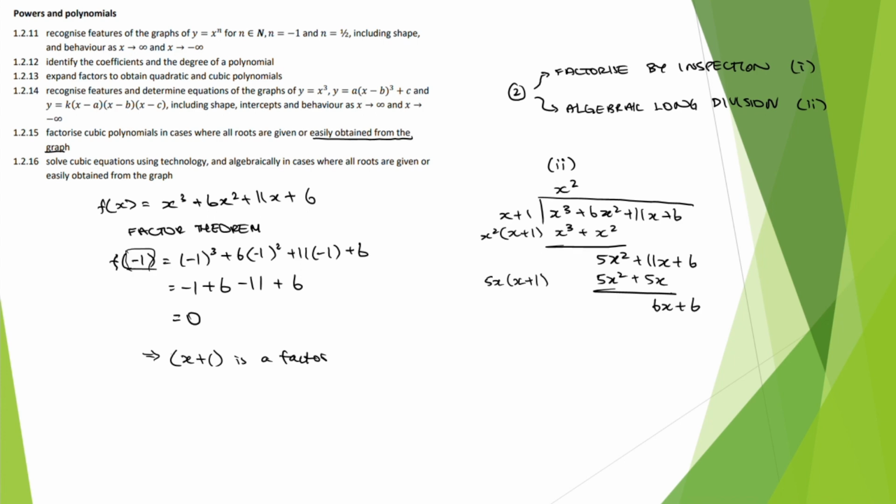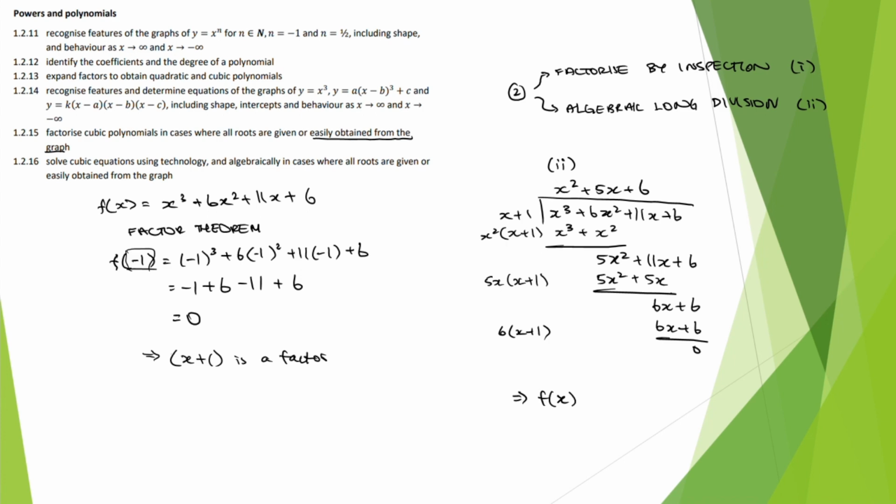And so we end up with 6x plus 6. And this goes up here, plus 5x. And we know that x plus 1 goes into 6x plus 6 6 times. And so we have a remainder of 0, which we would expect. And we have divided it to get x squared plus 5x plus 6.